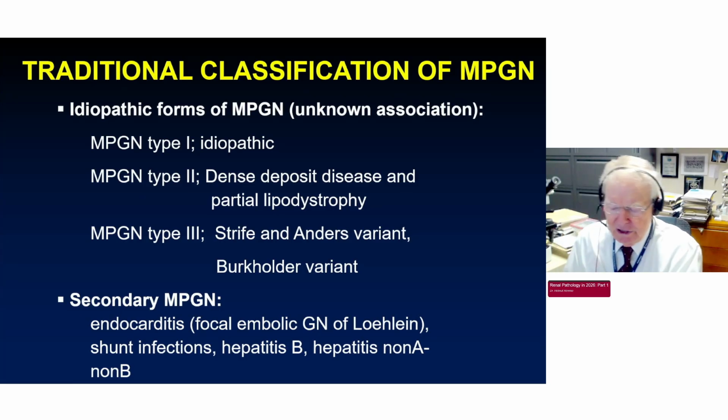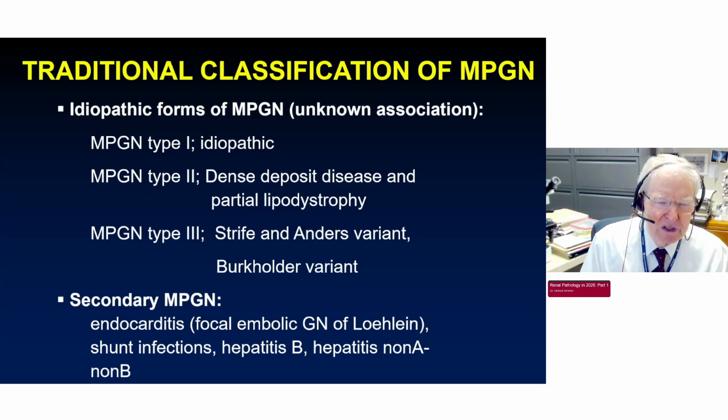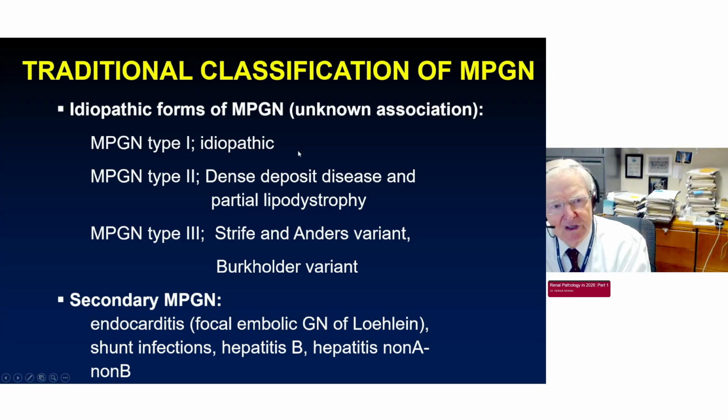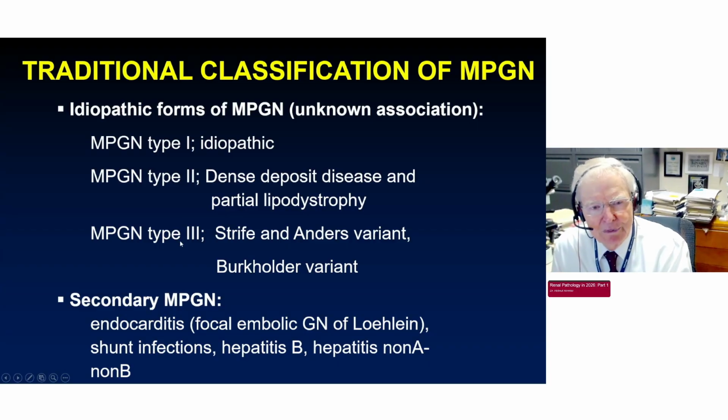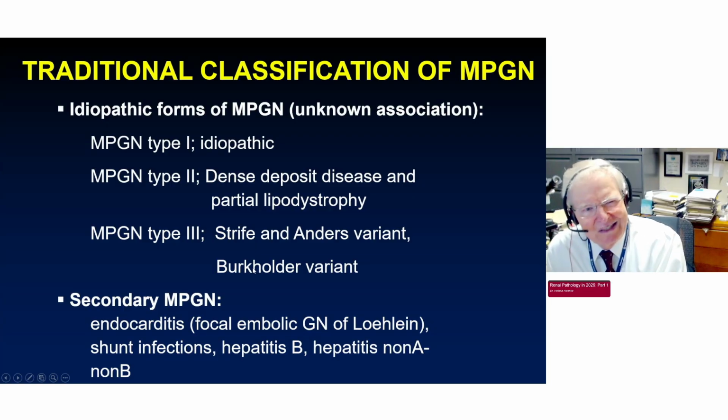In the olden days, we classified this as idiopathic type 1 with subendothelial deposits, with very dense intramembranous deposits, also called dense deposit disease, or type 2, and type 3 with various subclasses, of course, with subepithelial deposits as well. This is completely obsolete. We should no longer consider this a disease entity.